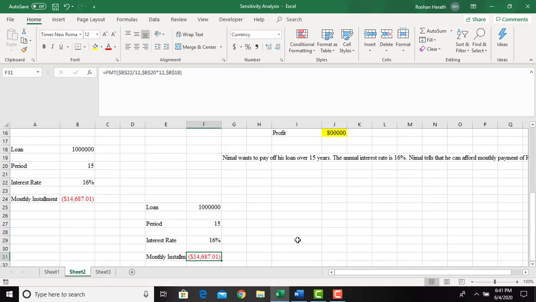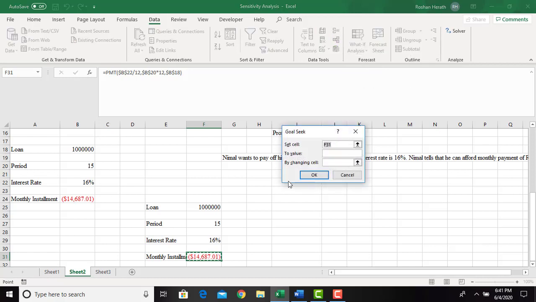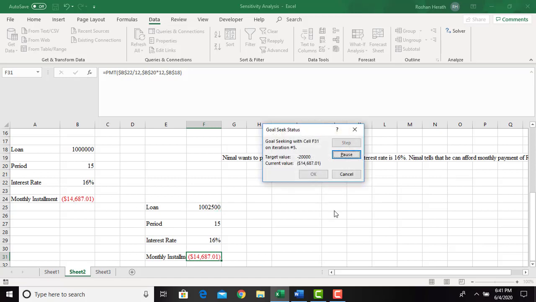Right, now let's go to the data, then what if analysis, then goal seek. You want to set this value to 20,000. Take it like minus, because it's a payment. So minus 20,000 by changing what? By changing the loan amount. Say okay. So it would take some time and it would work out how much that you can afford.